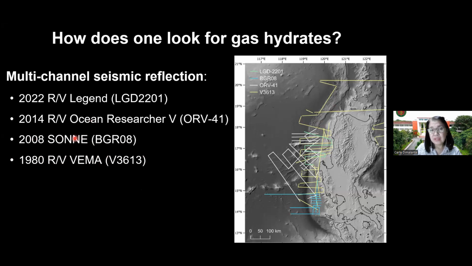The 2008 Sonic cruise was carried out by German scientists with some Filipino researchers. The 2014 RV Ocean Researcher is the work that we did with our Taiwan counterparts. And then we had the 2022 marine survey using that newer vessel of Taiwan. So all these lines here show where seismic reflection data were collected. You can see that there's a vast wealth of information in terms of the data that is available. That's the reason why we thought of examining those seismic data.